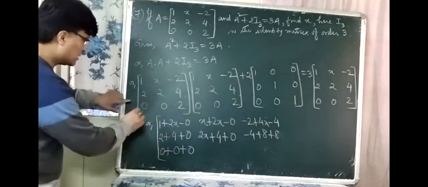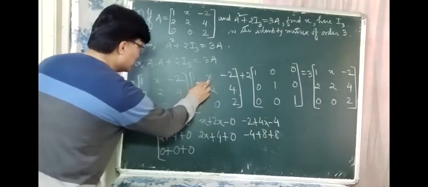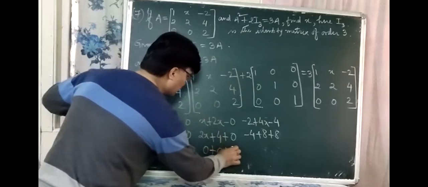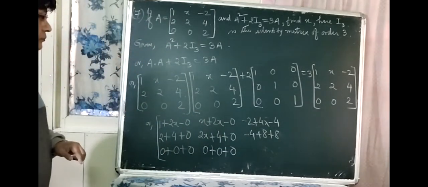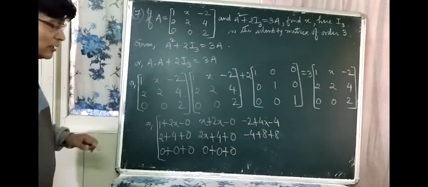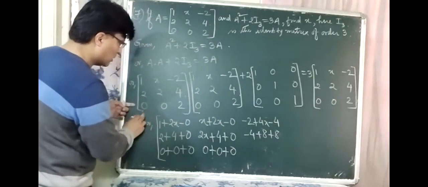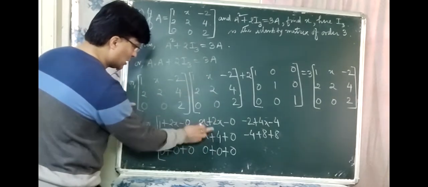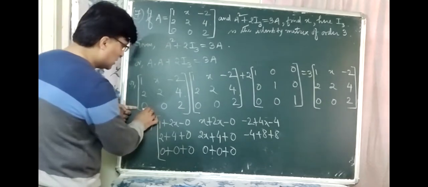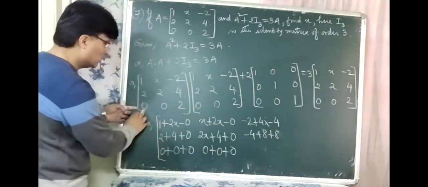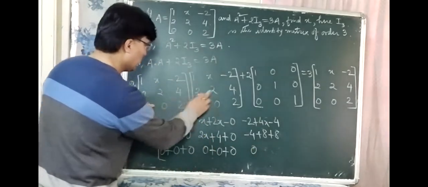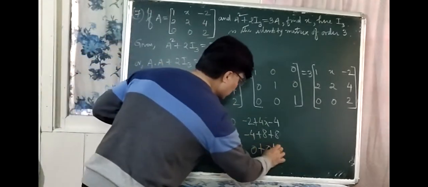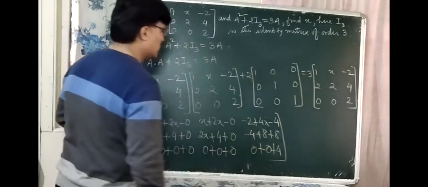Next, third row by second column: 0 into x is 0, plus 0 into 2 is 0, plus 2 into 0 is 0. Next, the third row by the third column: 0 into -2 is 0, plus 0 into 4 is 0, plus 2 twos are 4. So this is your third order matrix.